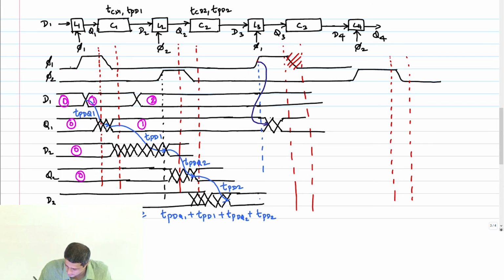This delay is the T C C Q of the latch. Q1 changes, therefore what? Sorry, Q1 has changed. So now D2 will change after the contamination delay. Correct? Now you see what happens here.